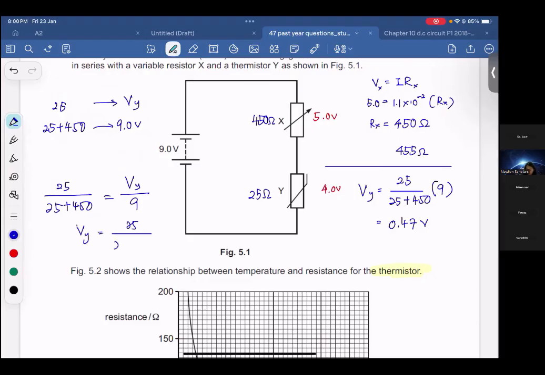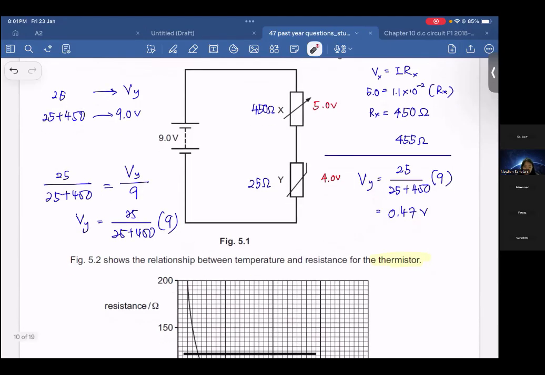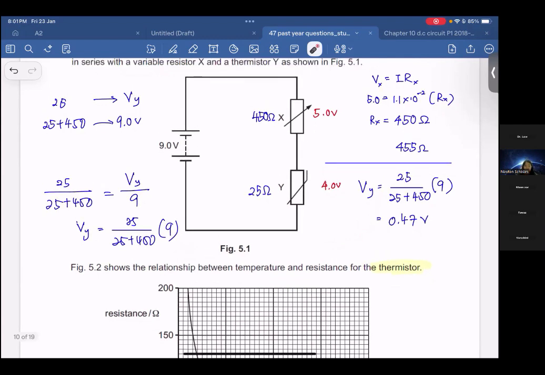Vy will be equal to 25 over 25 plus 450 times 9. Dear, can you see it's exactly the same thing? If let's say you really forget the potential divider formula, doesn't matter. Use the mathematic ratio method. The answer should be 0.47 volt. Is that clear? Can we proceed to the next question?